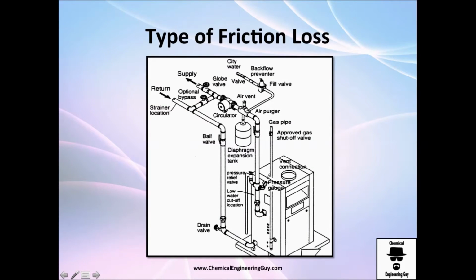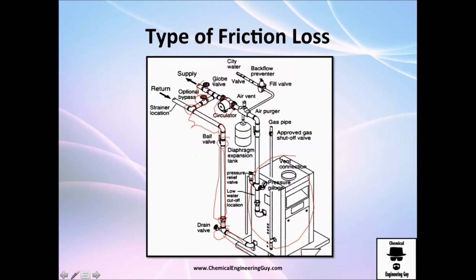So probably you're wondering, how often do you get a fitting or a valve, or how long is the length of a pipe? Well, imagine this problem. You have this main unit, you have 1 valve, you got 1 fitting right here, you got this length of pipe, you got an elbow, you got the ball valve, you got this huge pipeline right here, another fitting, a drain valve, pipe again, and so on, circulator.